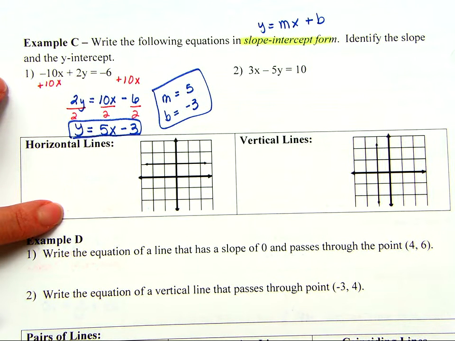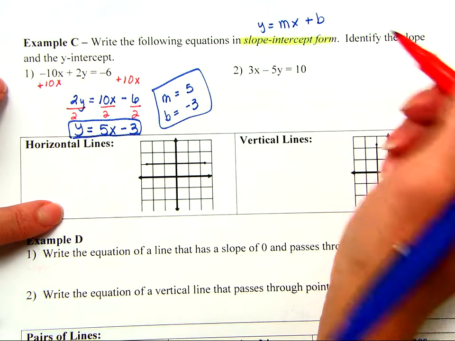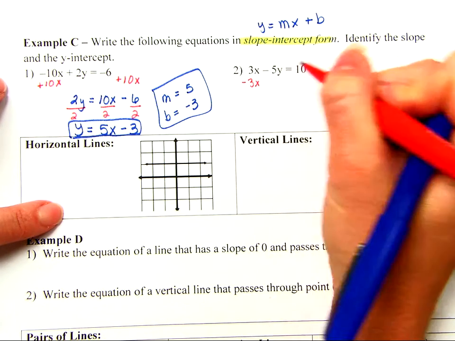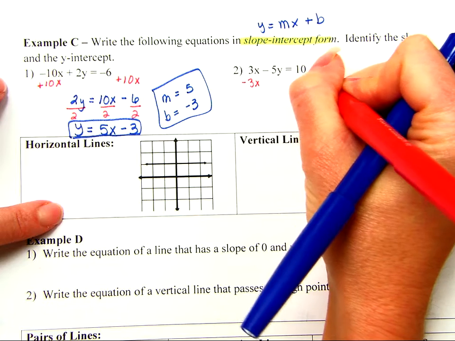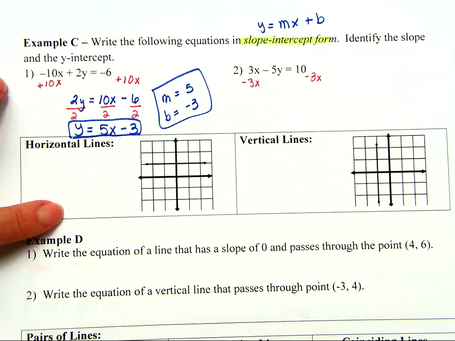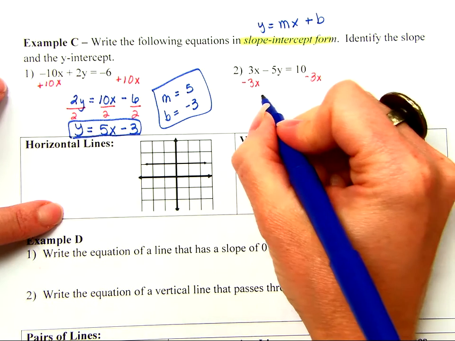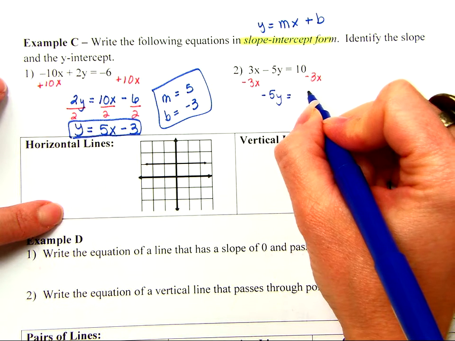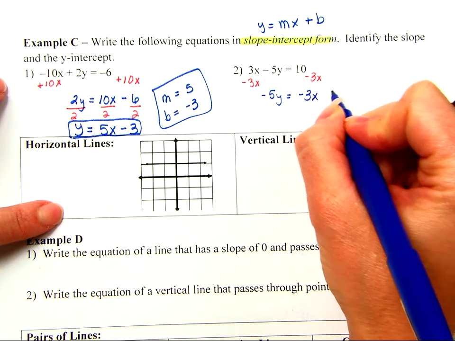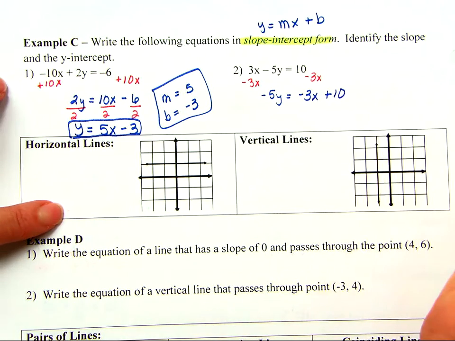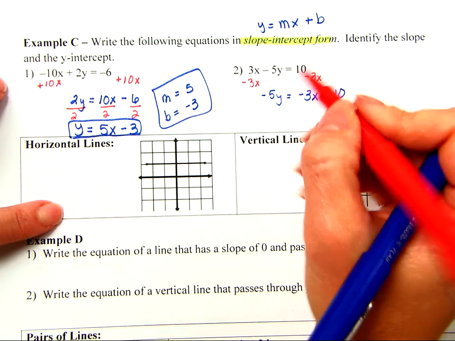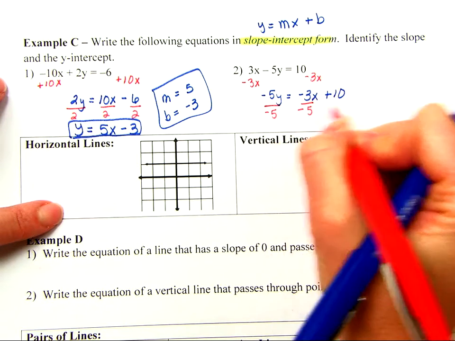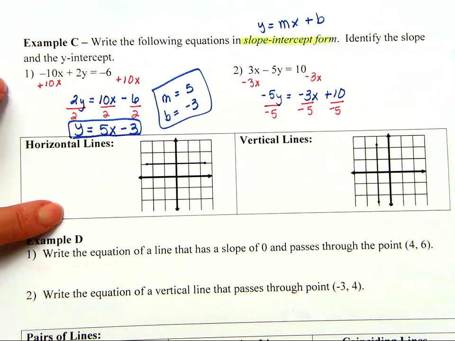I'm going to approach number 2 the same way. I'm going to start first by moving my x's to the other side. Now again, negative 3x and 10 are not like terms. I will then divide by negative 5, but I need to make sure I divide everything.